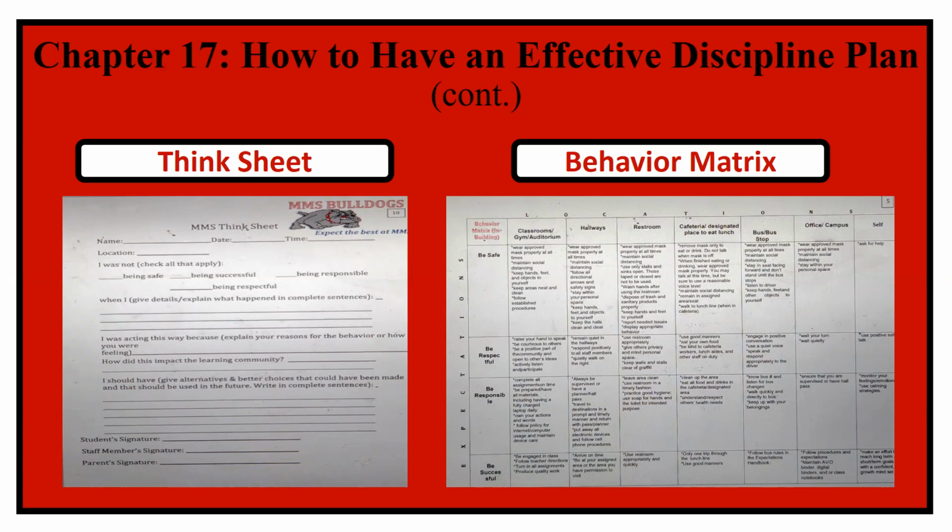To ensure that students are aware of and know what appropriate behavior in school looks like, my school developed a behavior matrix that is aligned with the PBIS program, and that is based on the following core behaviors: be safe, be responsible, be respectful, and be successful. The matrix explains how these behaviors look in various settings at school, such as the bathrooms, hallways, cafeteria, and the classroom.